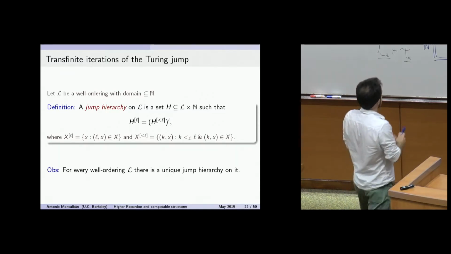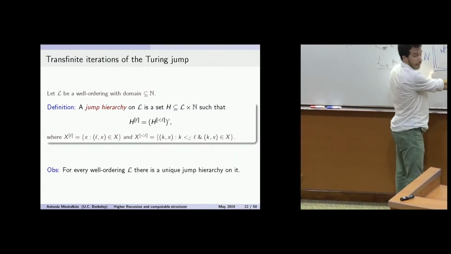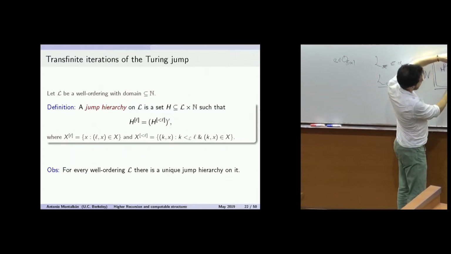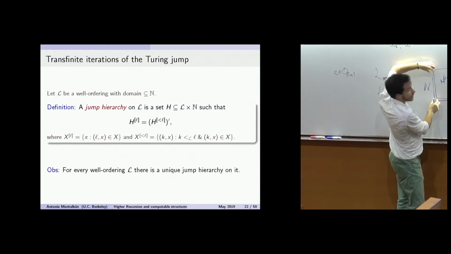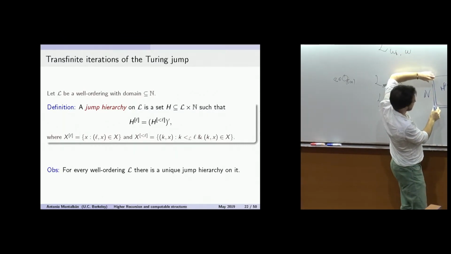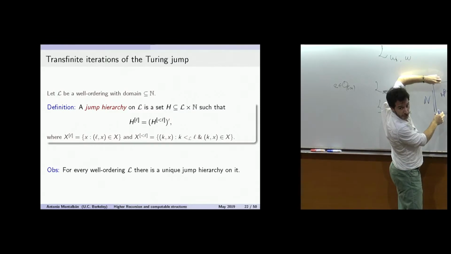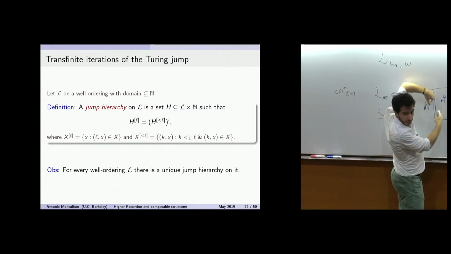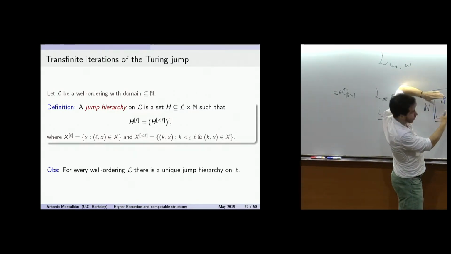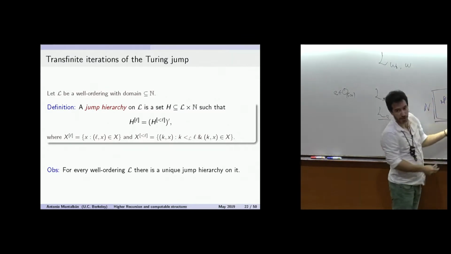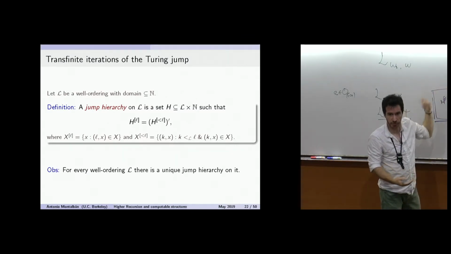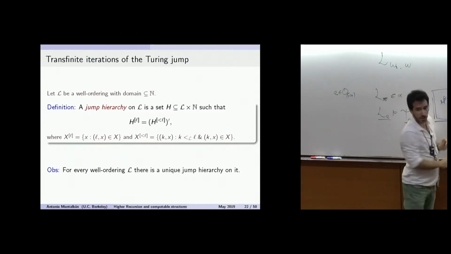So if L was omega, the first column is going to be, I guess, the jump of 0. The second column is the jump of that, so 0 double jump, 0 triple jump. So the nth column is going to be equivalent to 0 to the n. It's the jump of all the previous ones together. So at the end, you get 0 to the omega.